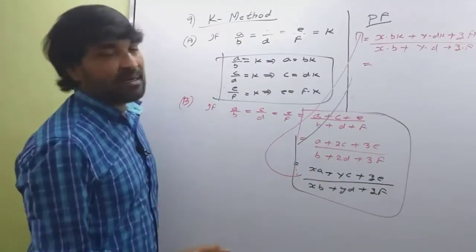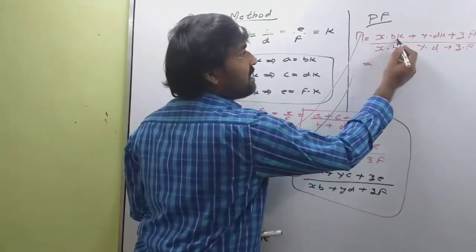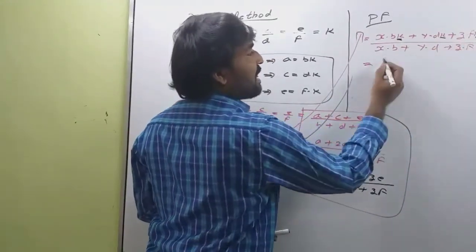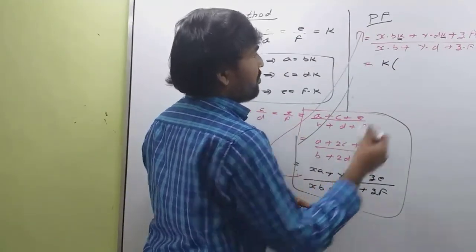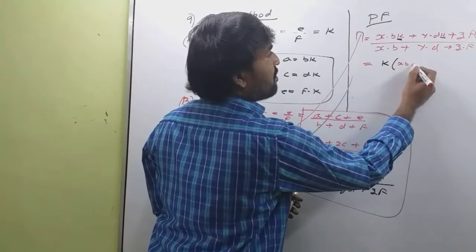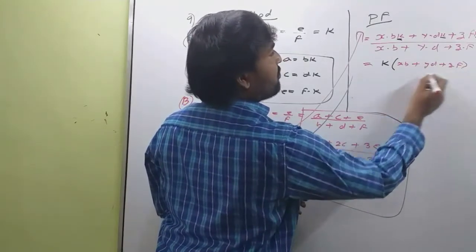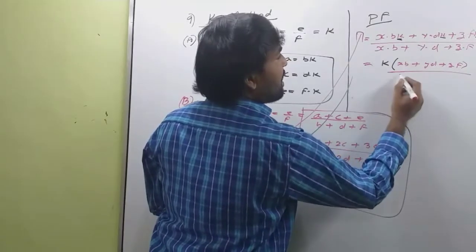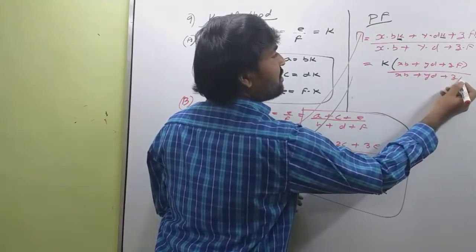In the numerator K is common, so that can be taken outside. So this is K into XB plus YD plus ZF divided by XB plus YD plus ZF.